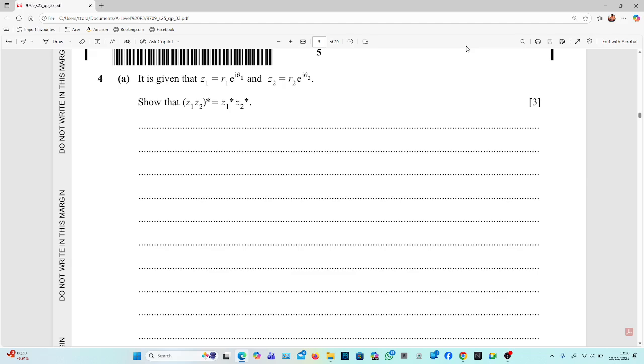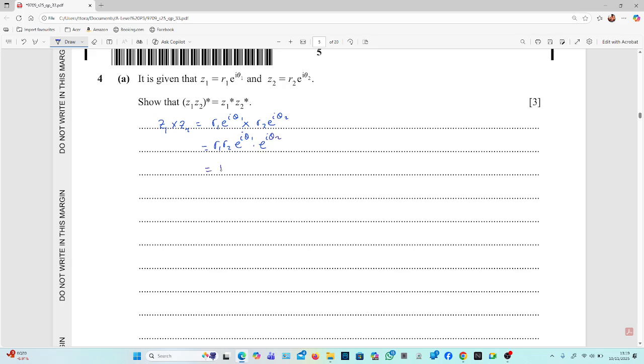So the way we do this is by taking each of these complex numbers and multiplying them. So R1 e to the I theta 1 times R2 e to the I theta 2 is R1 R2 e to the I theta 1 times e to the I theta 2.